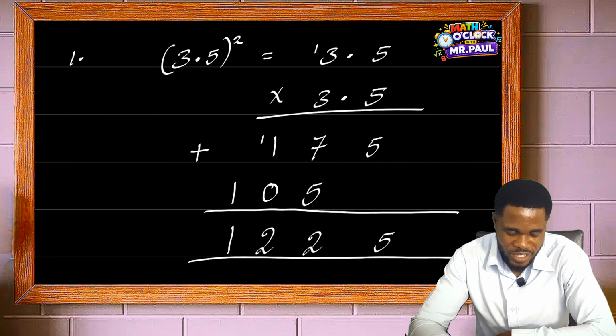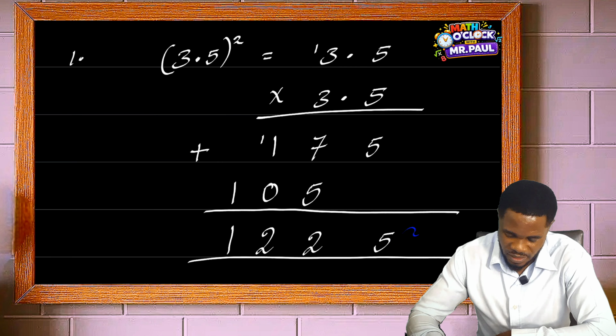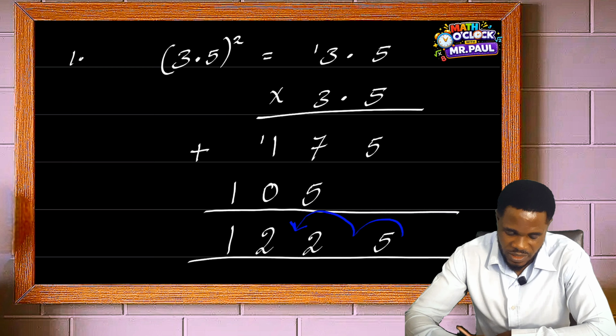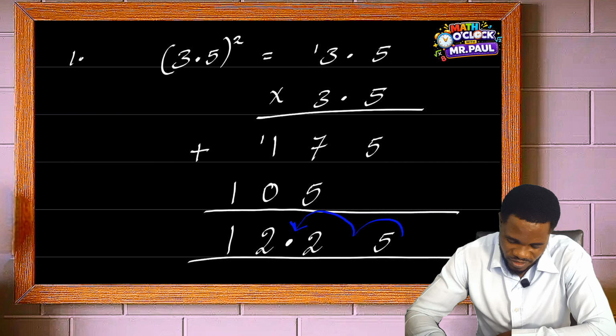2. So in your answer, you are just going to count from the right to the left. This is the first digit. You go 1, 2. You get it now? That is where you are going to put your decimal point.